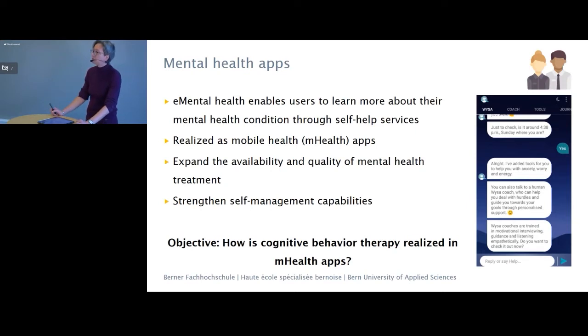Then we were also interested in which mental illnesses have been studied with this kind of apps, and which technologies are used to implement the different techniques of cognitive behavior therapy in mobile health apps. And we wanted to identify research gaps that currently exist in mHealth apps for realizing cognitive behavior therapy.